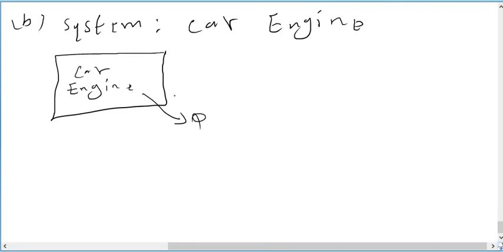So let's take this as our car engine. There will be a heat loss, and there will be a work out.